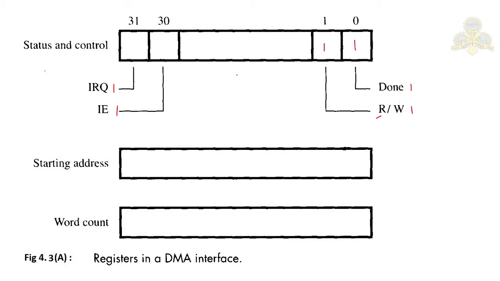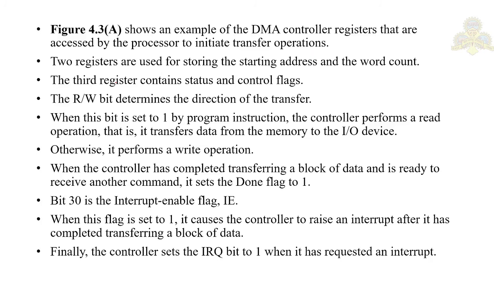Whenever this IE, that is interrupt enable, is set to 1, this flag causes the DMA controller to raise an interrupt once its operation is completed, that is, the transferring of the block is completed. And whenever this IRQ bit is set to 1, it will request an interrupt. So it explains the same thing here.